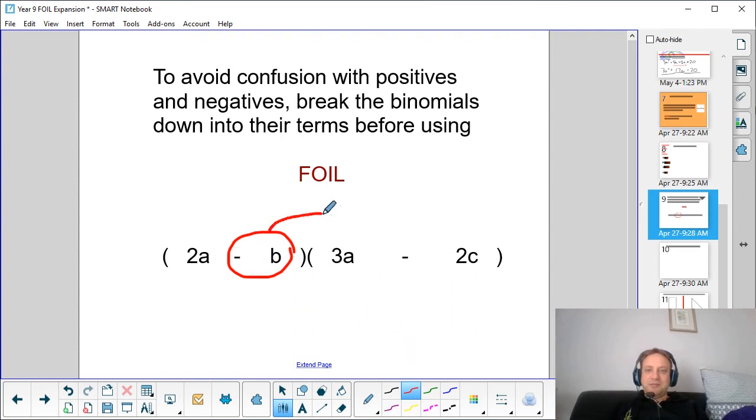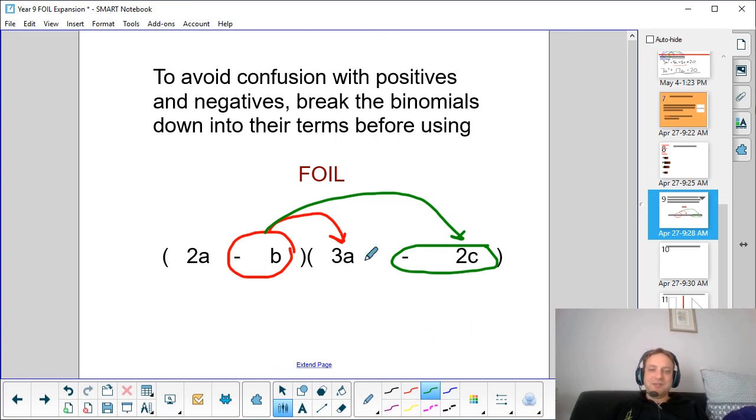Okay, so when I multiply this by that, this is multiplying a negative by a positive, which means I'd be putting a minus before my answer. But say I did this and multiplied the minus b by this negative 2c. Well, that's going to make a positive answer because two negatives make a positive, so you should be putting a plus before your answer, right? You have to decide whether it's going to be a negative or a positive answer. Don't automatically just put plus in between everything, right? Decide whether it's going to be positive or negative, and then go plus, then go minus.